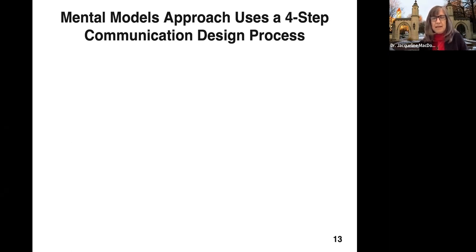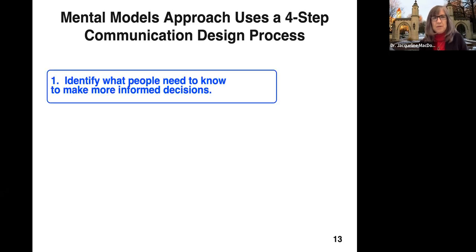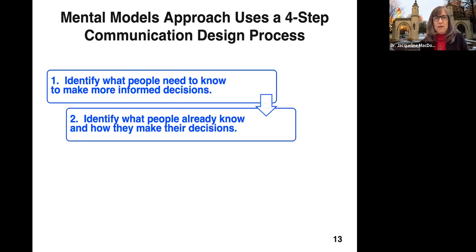It's a very systematic approach to risk communication design, and it involves 4 steps. The first step is to identify what people need to know to make more informed decisions. The second is to identify what they already know and how they make their decisions. By defining what people already know, we're sort of doing 2 things.